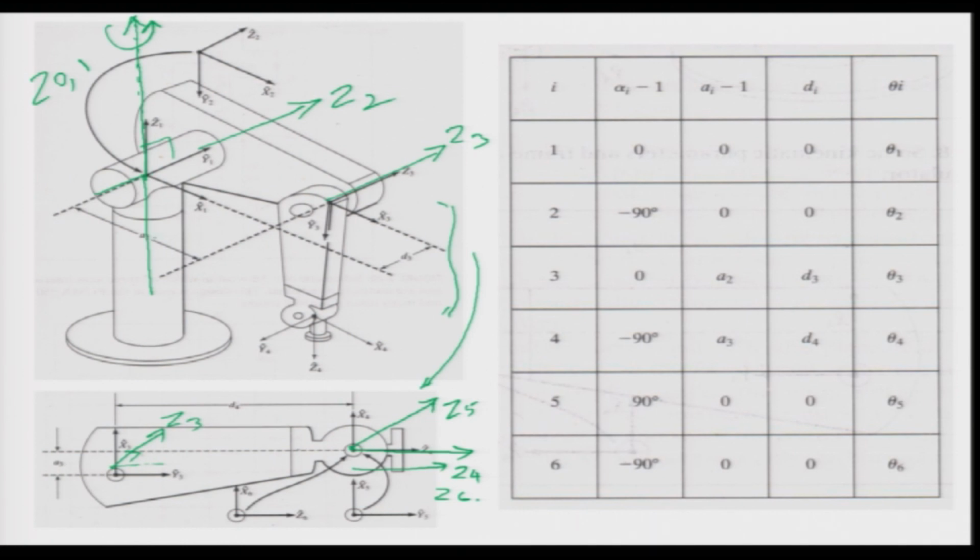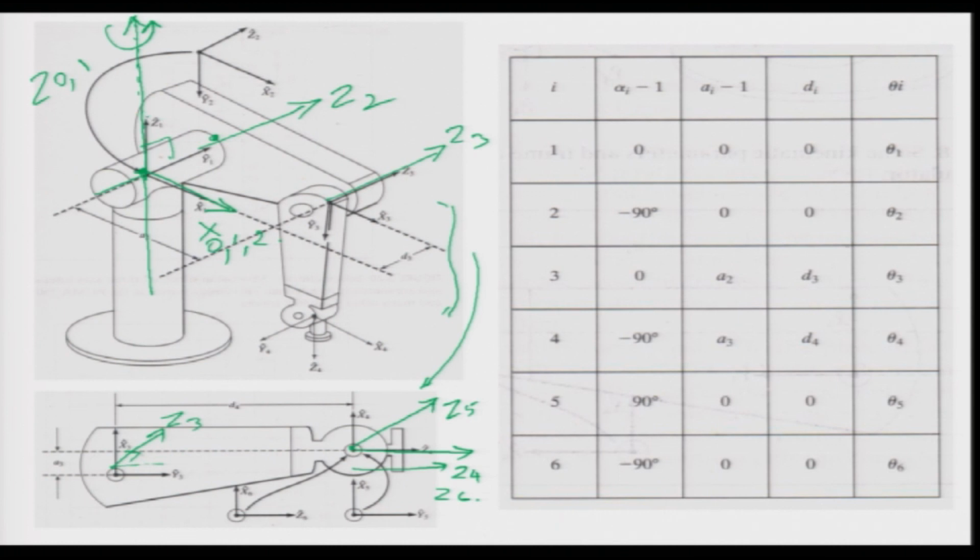So let us assume that the origins of Z0, Z1 and Z2 are the same point here, okay. I could have taken the Z2 origin here also, okay, there is nothing wrong in that, but just for simplicity we have put our origin here, and let me say the X axis is in this direction, okay. So this is X0, X1 and X2, okay. So the X axis, as we said when assigning the DH parameters, if the Z axes are intersecting, then the X axis is perpendicular to the plane containing the Z's.